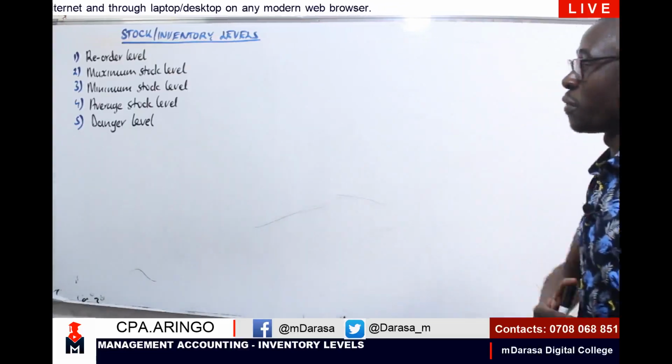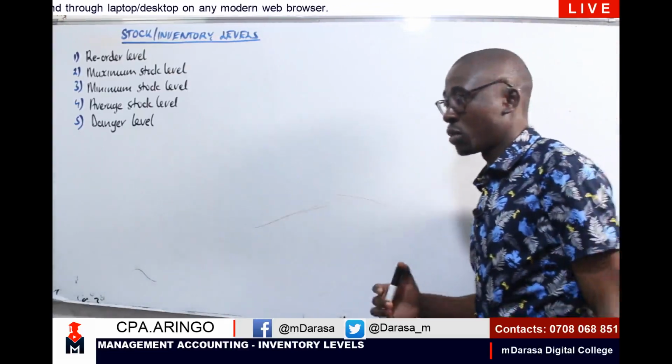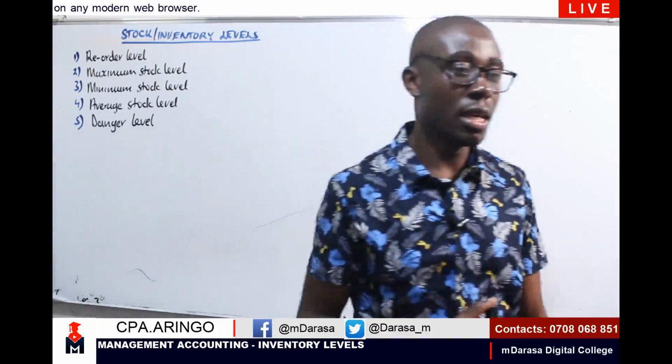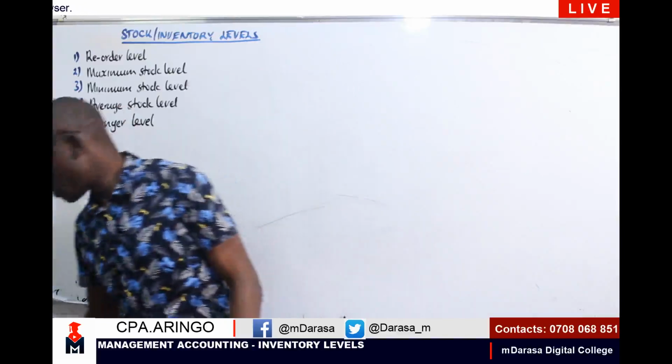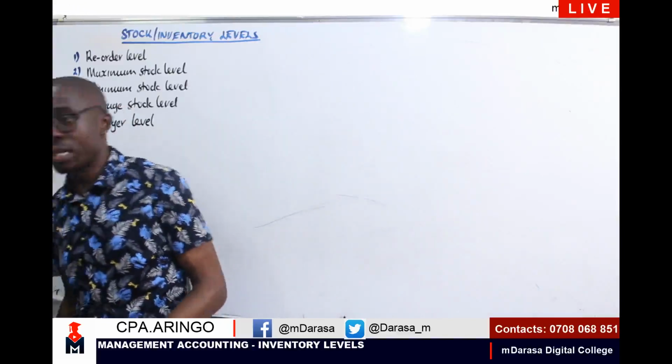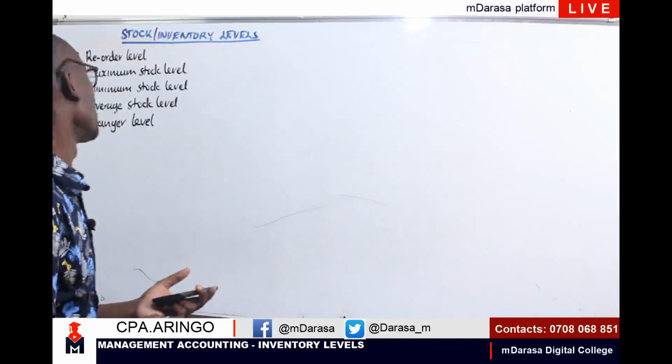So these are the 5 main stock levels that I will be studying, and therefore we are going to start with the first one, analyze it keenly, and after we've analyzed the first stock level, I believe we'll be able to understand it very, very clearly. So therefore, let us jump to the first stock level and see what this entails.